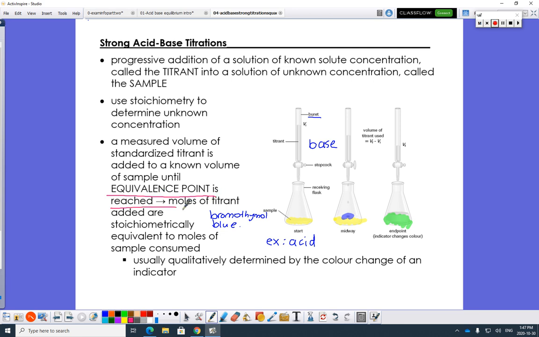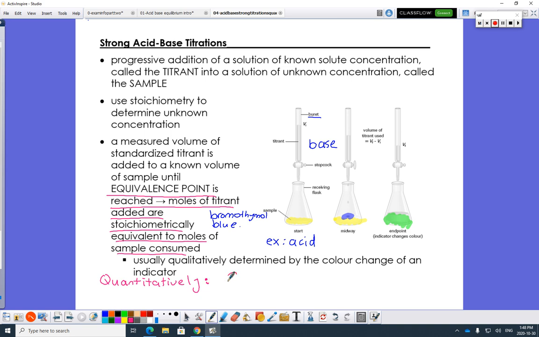So the equivalence point is when moles of acid or base, whatever, are equal to each other. So moles is C times V. So qualitatively, you use a color change to figure it out. Quantitatively, you use CAVA equals CBVB.